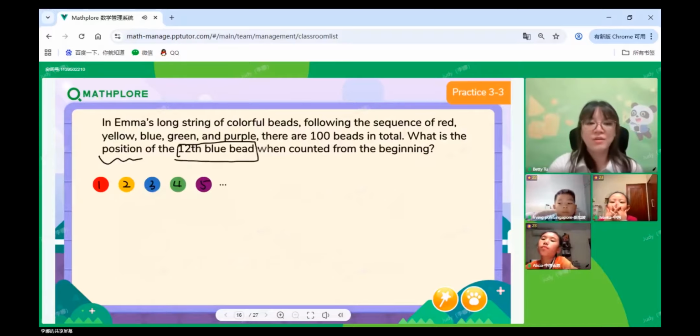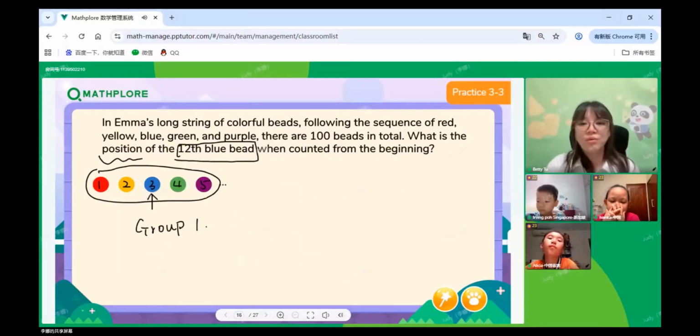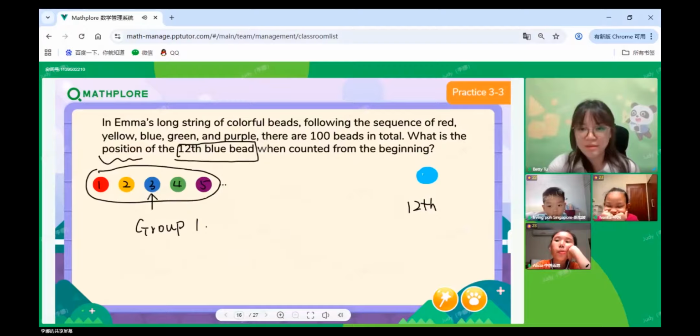Okay, so everybody, in each group, we only have 1 blue bead, right? So this is group 1. So which group is the 12th blue bead in? Which group? 12. Yes, group 12. Good. All right.